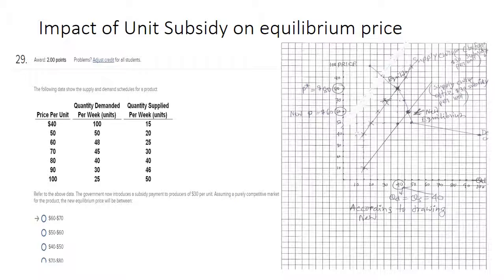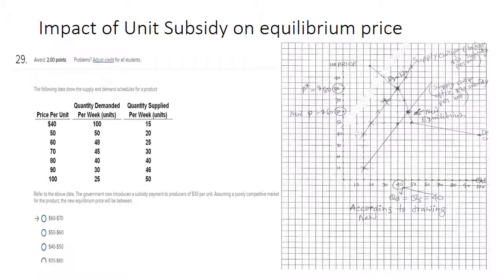But now government has given a $30 per unit producer subsidy. In other words, now for the producer, the new supply curve will be shifting rightward, indicating that they will supply more because of this subsidy, and the vertical distance between any data point on the previous supply curve and the corresponding data point on the new supply curve will be $30.